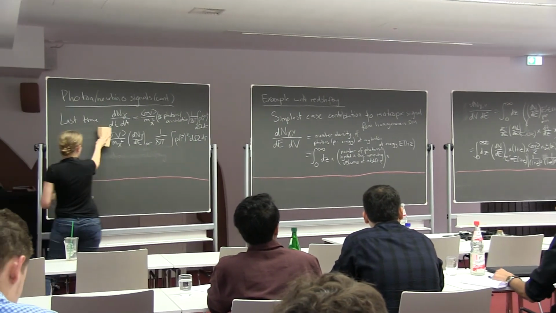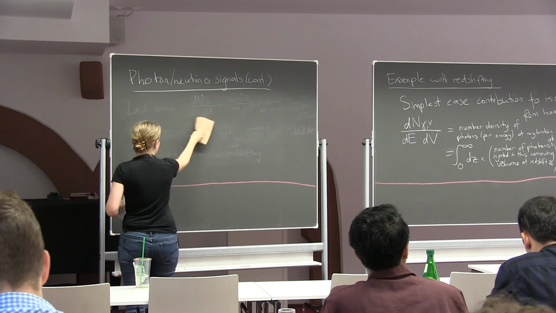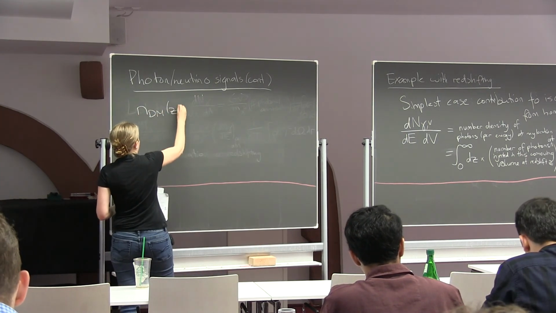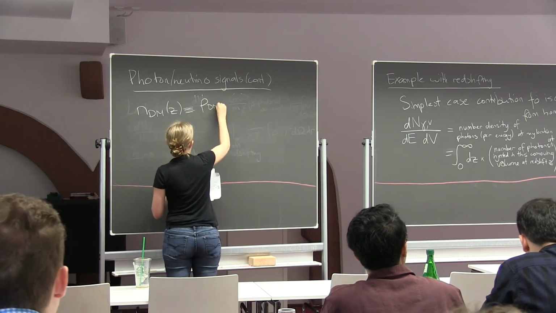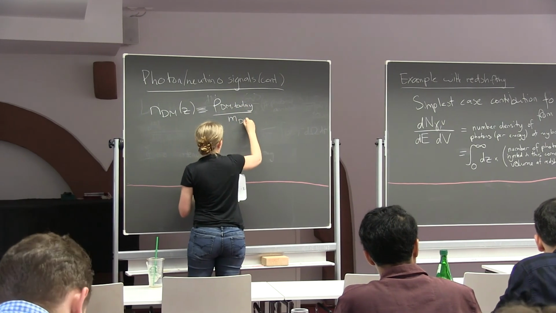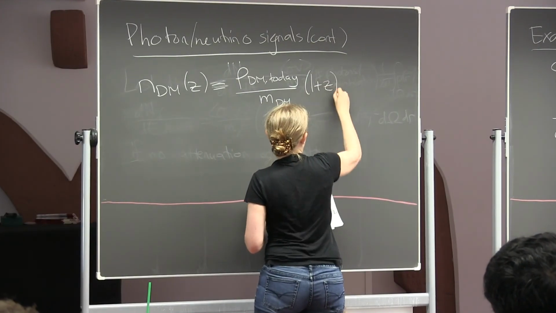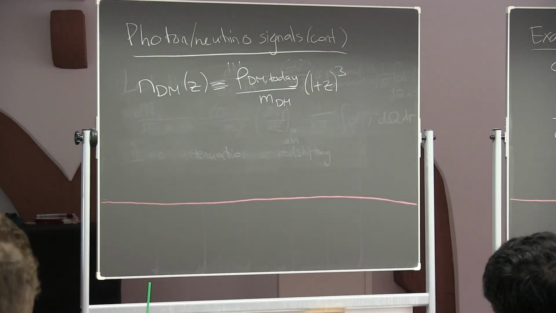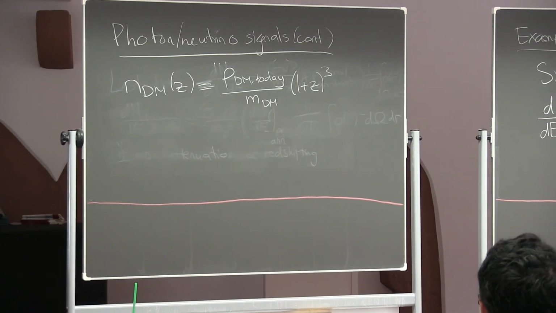If we say, okay, we're looking at the smooth isotropic background here, we made that assumption, then we also know how n scales with the redshift. That n scales like rho dm today divided by the dark matter mass. So this is the number density of dark matter today, but at earlier times in the universe, the density was higher by a factor of 1 plus z cubed, assuming that we don't go all the way back to freeze out.